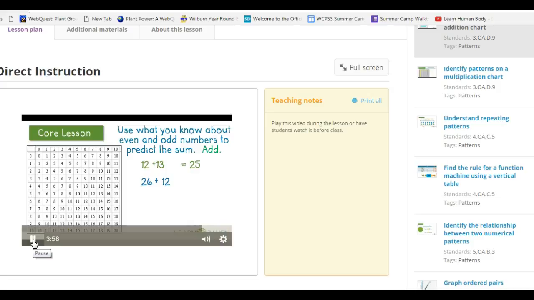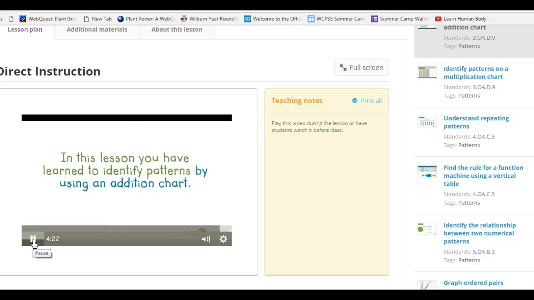Both are even numbers, and we learned an even plus an even equals an even sum. 26 plus 12 equals 38. 31 plus 13, two odd numbers, but we learned an odd plus an odd equals an even sum. In this lesson, you have learned to identify patterns by using an addition chart.